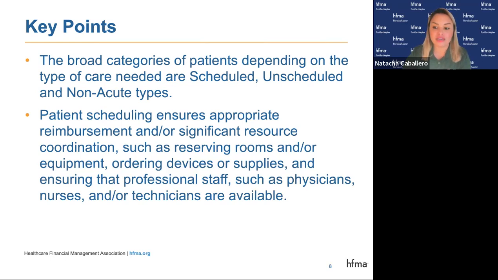These patient types include unscheduled inpatients or urgent patients, unscheduled outpatients or walk-in patients, emergency patients, observation patients, and newborns. Also, non-acute health services include skilled nursing, hospice care, home health services, clinic services, and durable medical equipment.